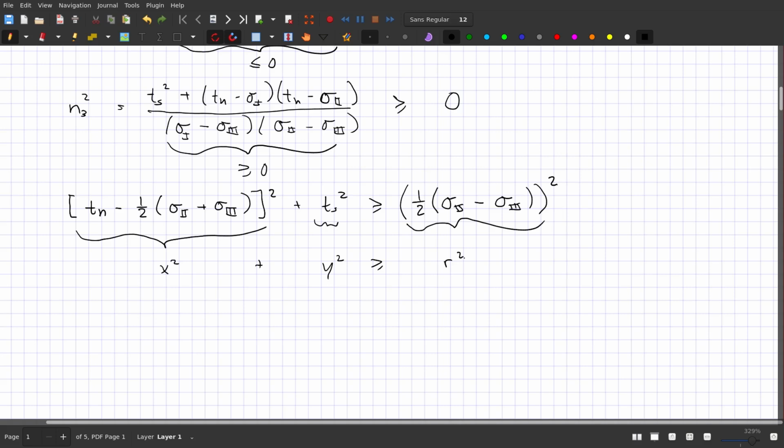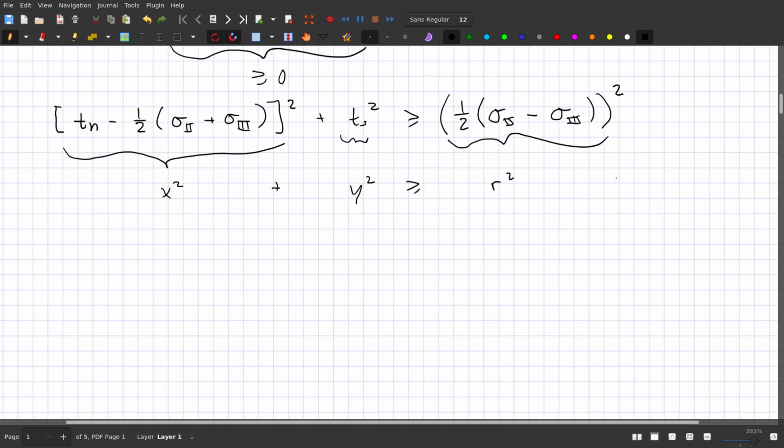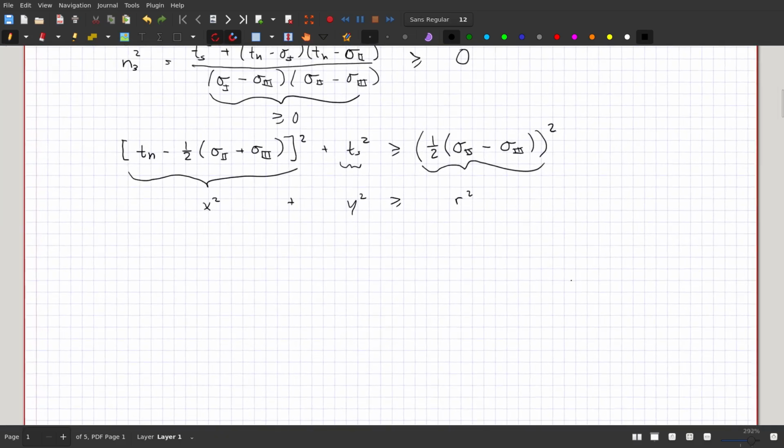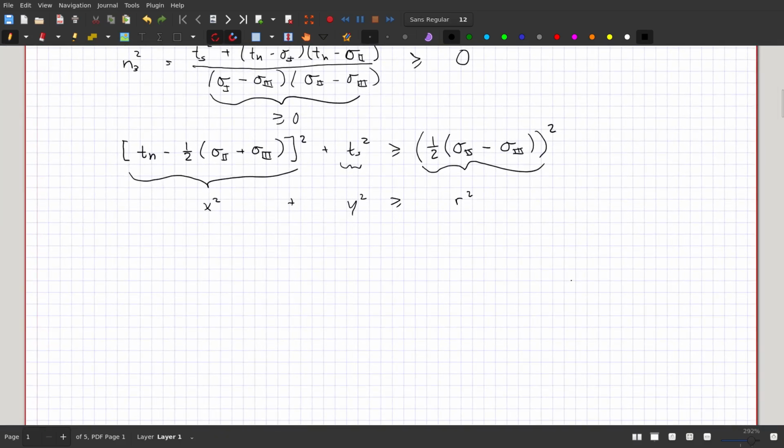What's that? Equation of a circle, right? Equation of a circle. So that's just for the first one, but you'll have similar equations for the other ones. I guess I'll go ahead and write them down for completeness. And I'm sorry if y'all find this kind of boring. I actually find it kind of boring also.